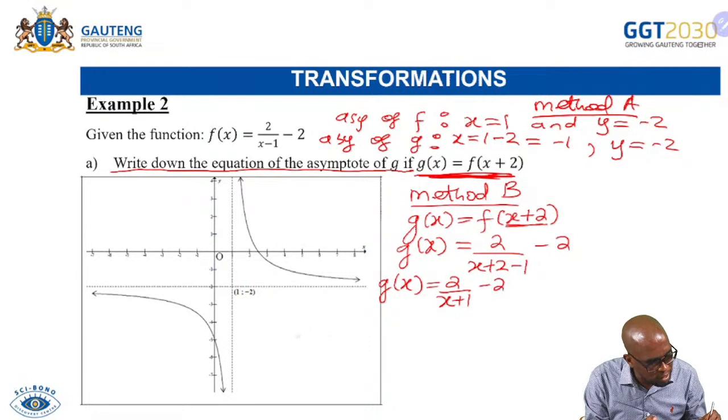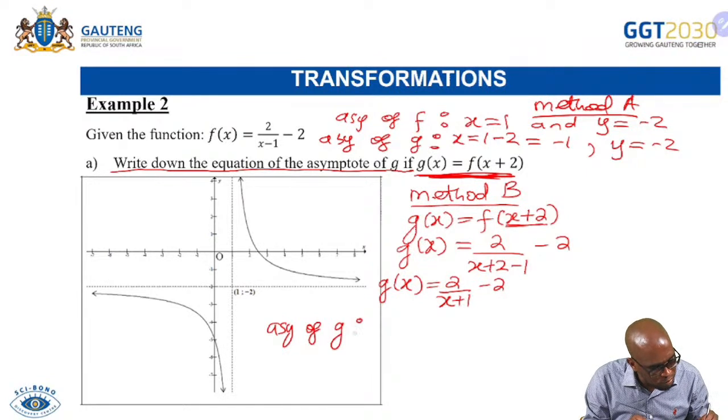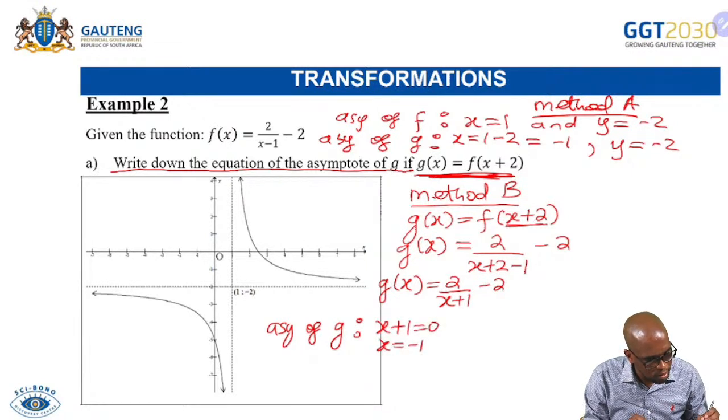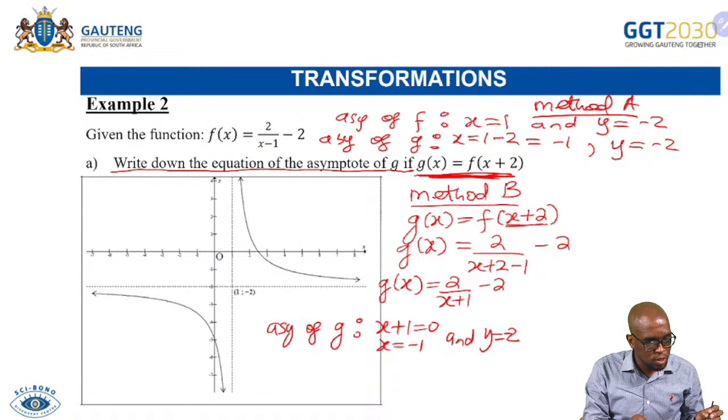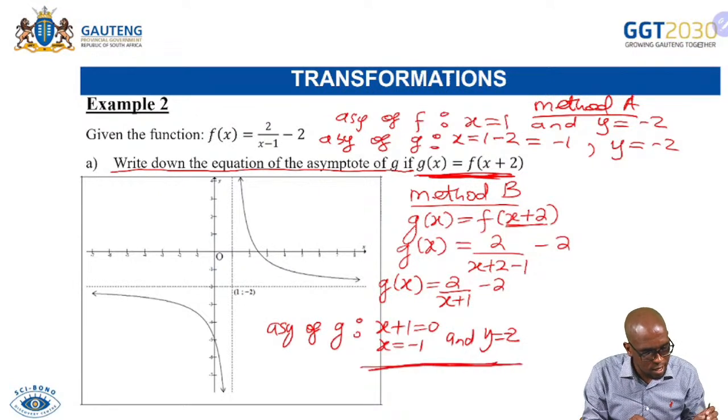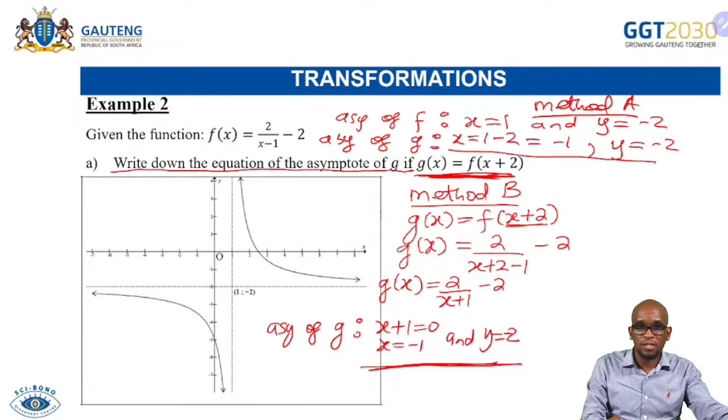So what would be the asymptote of g now? The vertical asymptote of g is given by x plus 1 equals 0, so x equals minus 1, and the horizontal asymptote is given by y equals minus 2. Now, if you check the answer and compare it with the one I got here, you see that the answer is the same.